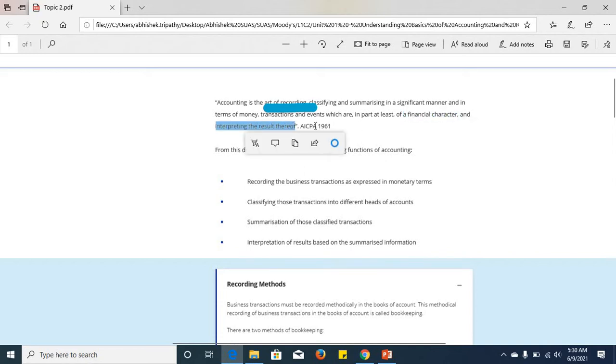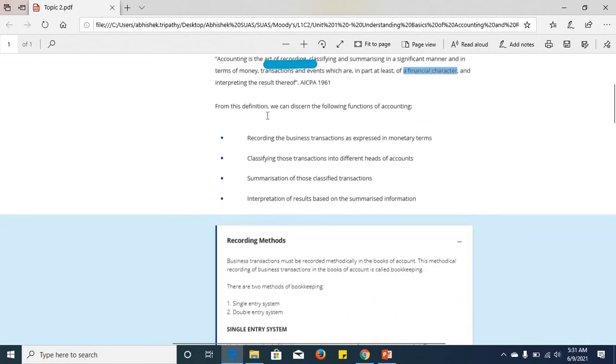We have been reading this AICPA definition from our childhood. I don't think anyone needs any explanation on this. From this definition, we can discern the following functions of accounting.